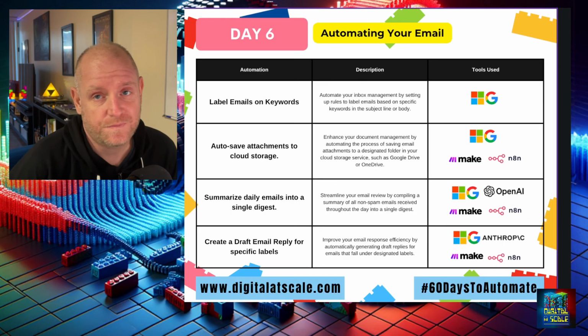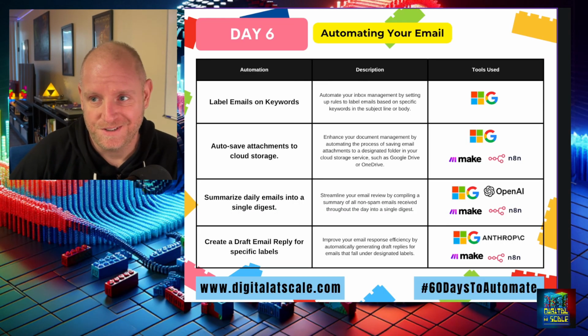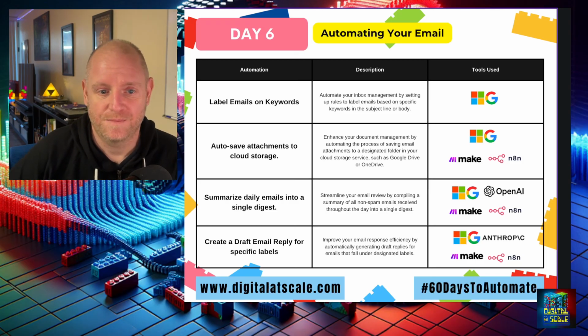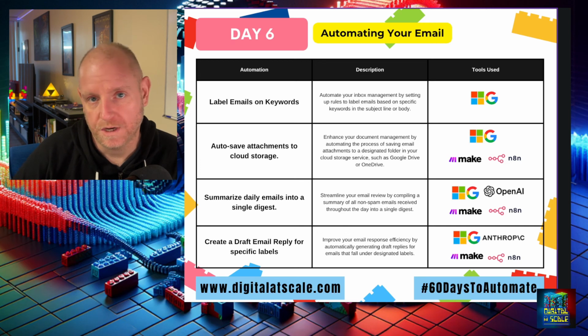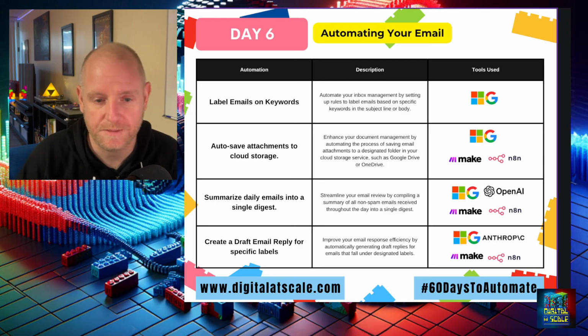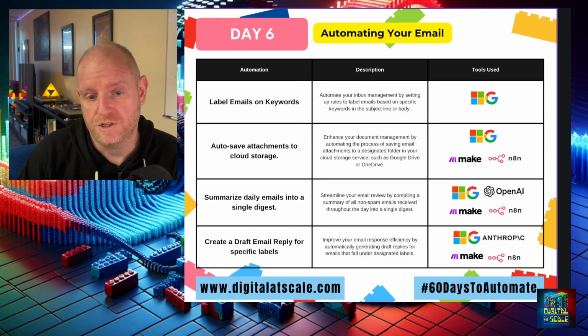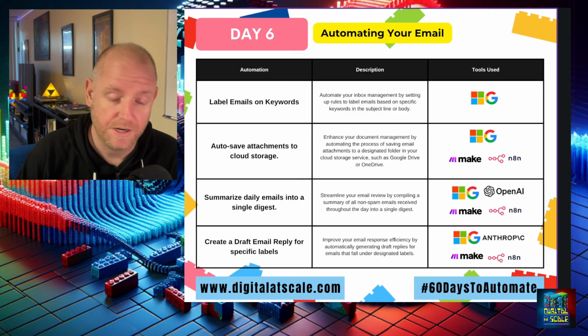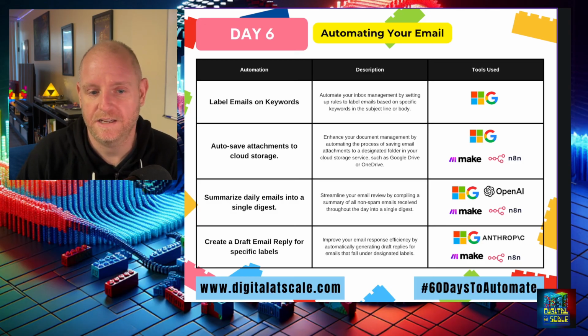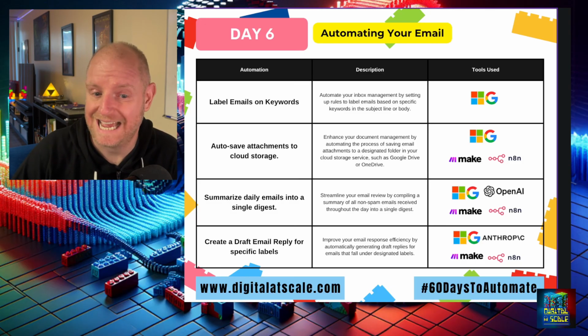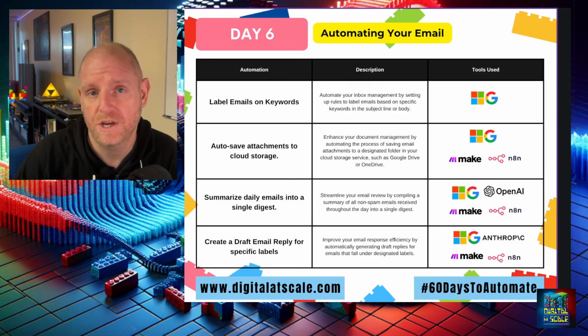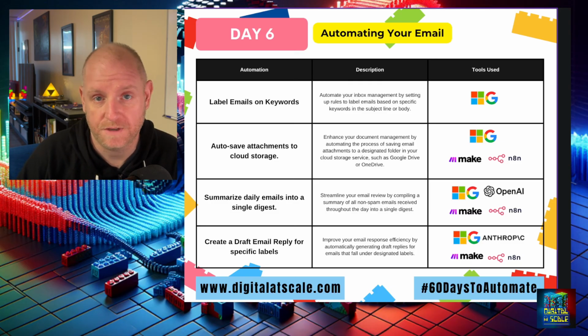So those are 4 amazing automations you learned today, from labeling your emails by keywords, to how to organize them with folders or labels, depending on if you're using Outlook or Gmail. Then with Gmail and N8N, we auto-saved attachments to our cloud storage based off of different conditions.